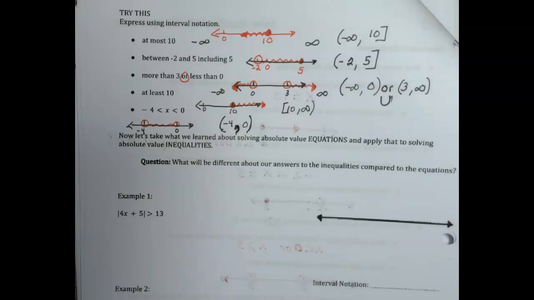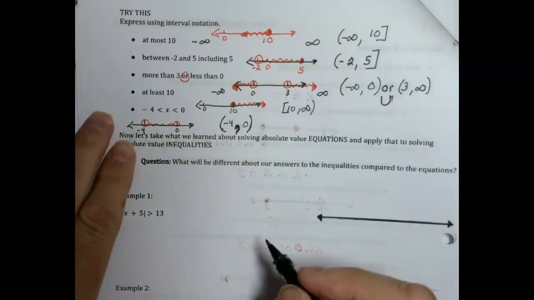And we had absolute value set to a positive constant, we get two solutions. And the third one was when absolute value equation is set equal to a negative constant, we got no solution. So the difference here with inequalities, you're going to get everything instead of points. When we were solving equations, which was the first unit, you got points. And with inequalities, you're going to get intervals.